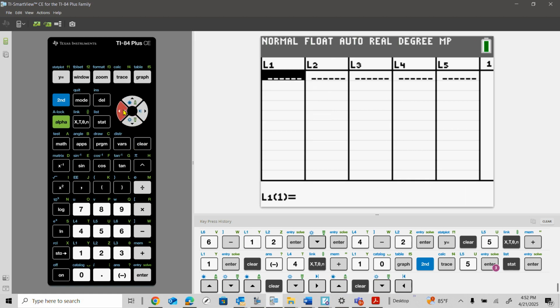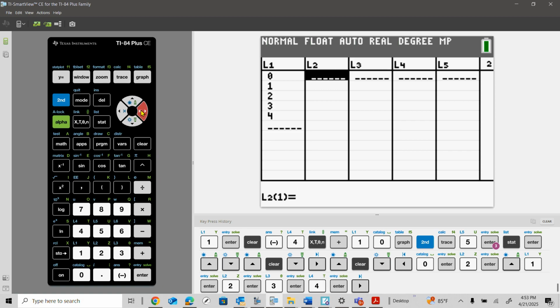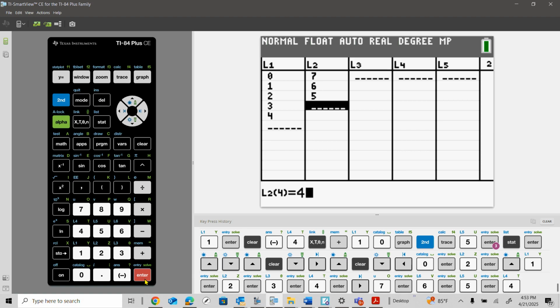All right, so I'm putting in the values for the first table, which we had 0, then 1, then 2. So these are increasing by 1. And then I'm going to go to the right, L2, get 7, 6, 5, 4, 3.